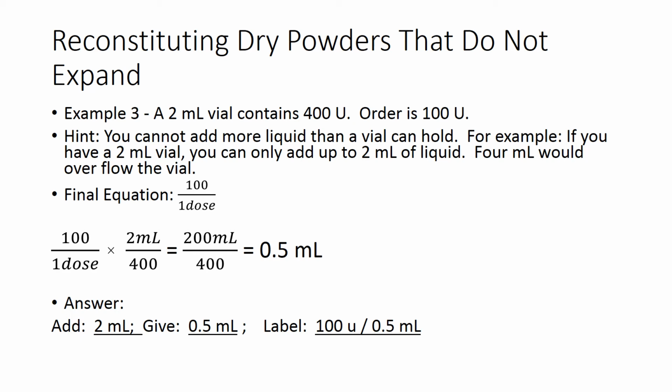That'd be 200 milliliters divided by 400, which is 0.5 mLs. So you've added 2 milliliters to your vial. Your give is 0.5 milliliters, and your label would be 100 units per 0.5 milliliters. This concludes the lesson for reconstituting dry powders that do not expand.